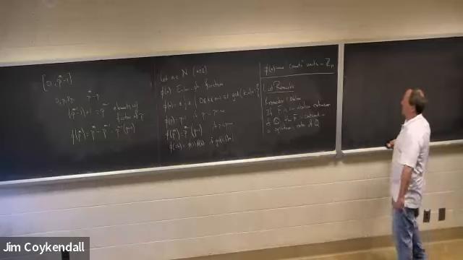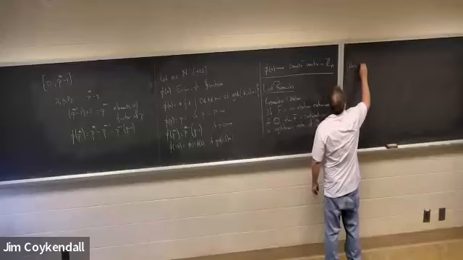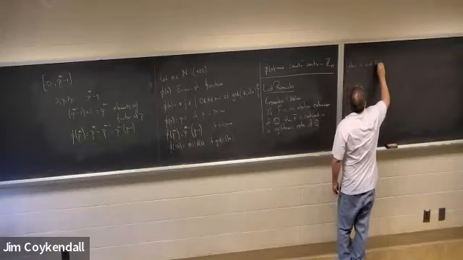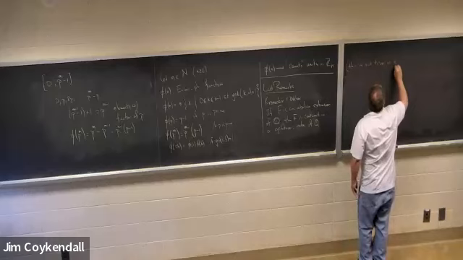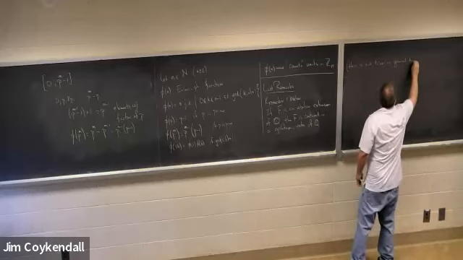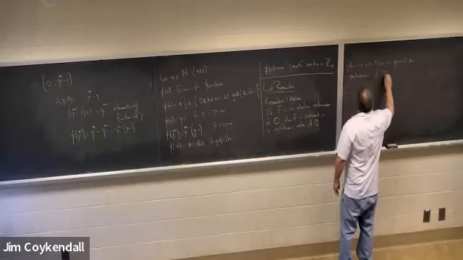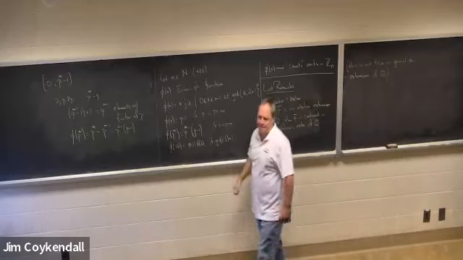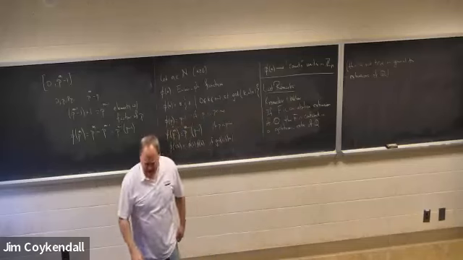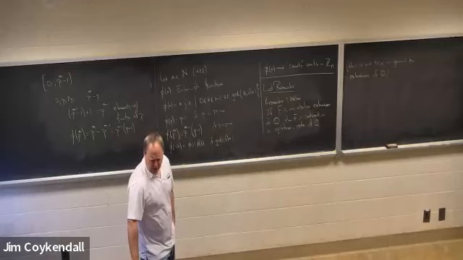A word of caution, this is not true in general for extensions. So even though this fact is true for Q itself, if you have an extension of Q, this may not hold.